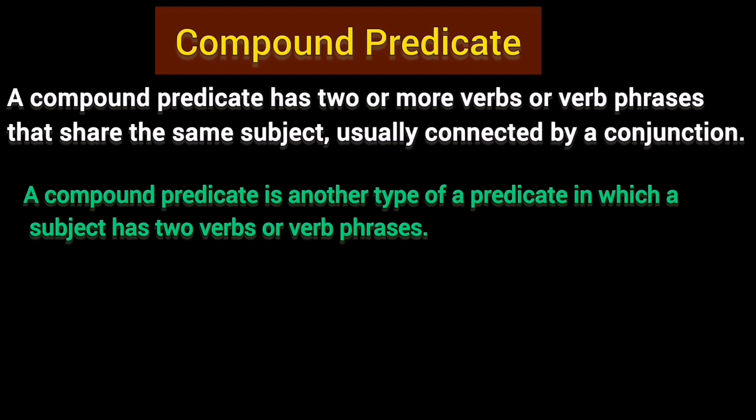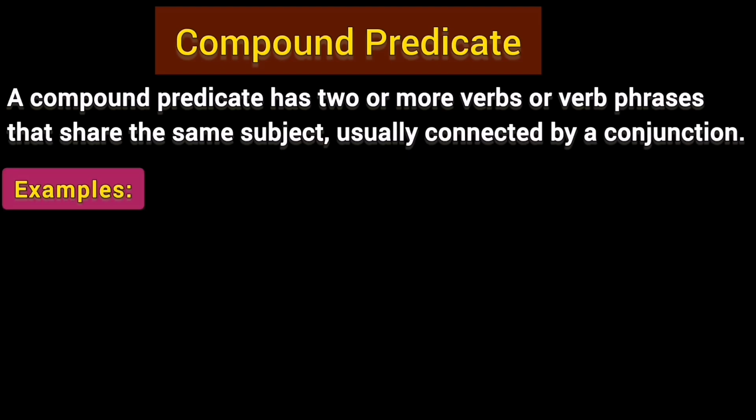In other words, you can say, a compound predicate is a part of a sentence that contains two or more verbs or verb phrases that share the same subject. Basically, these verbs or verb phrases are connected by a conjunction. Actually, the compound predicate allows the subject to perform multiple actions or have multiple states of being without needing to repeat the subject. I think you are not getting the point.